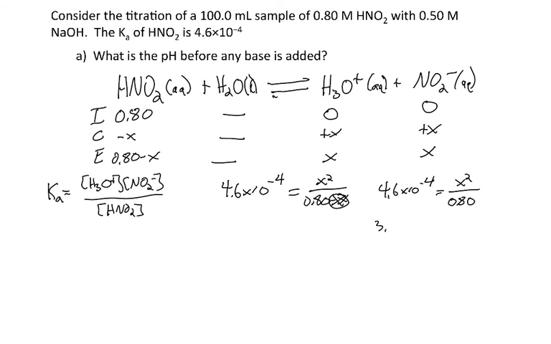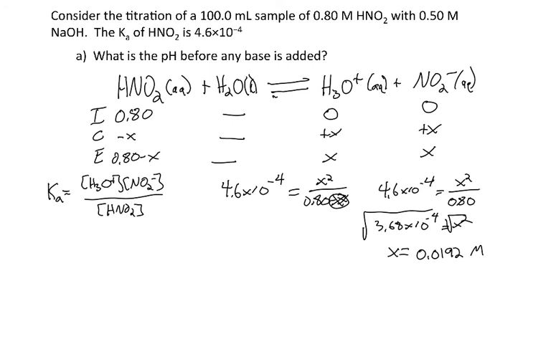So I get 3.68 times 10 to the minus 4 is equal to x squared. Take the square root of both sides. So I get that x is 0.0192 molar.